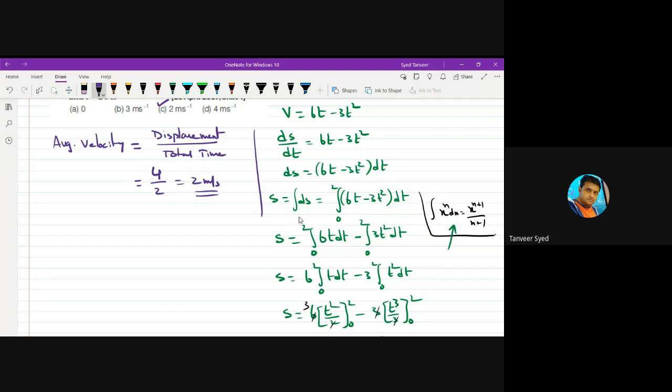So wherever you get questions from this chapter where displacement, velocity or acceleration are given as functions of time, what should you do?